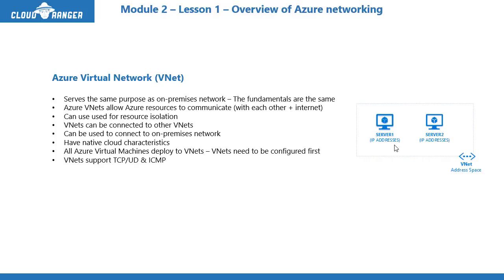You have to have it be part of a virtual network. That means the VNet needs to be configured first. That's why it's very important that you understand, and that's what I mean by the VNet being a fundamental building block. You need to create that first before other things can happen.